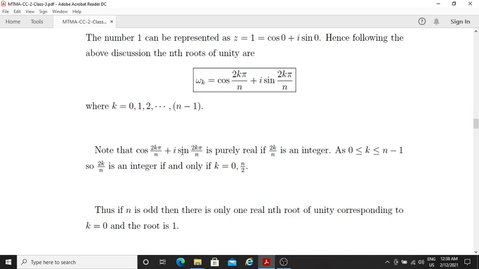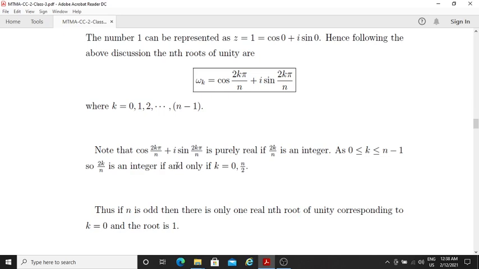Okay, so sine 2kπ/n will be 0 when 2k/n is an integer. In that case, this will be sine of some integer multiple of π, and you know that sine of π, 2π, 3π, 4π are all 0.